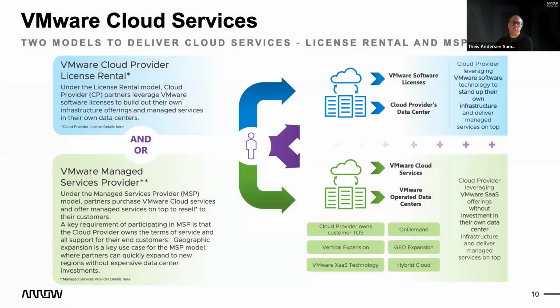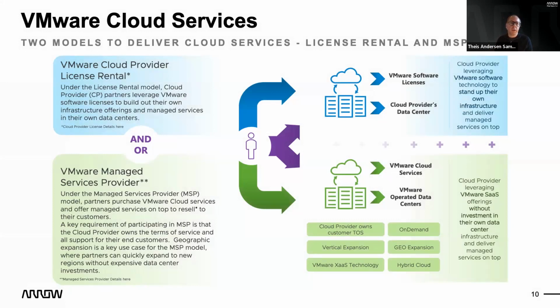There are two routes to market in the cloud provider space for VMware. The topic we are going to cover today is the license rental program. But as you can see on the slide, there's also a managed service provider route. Basically, this is all the VMware products that have been turned into software as a service in some way. So it's hosted on VMware Cloud.